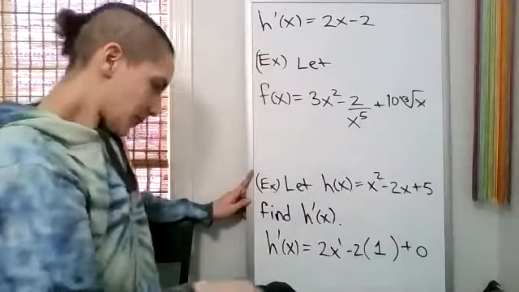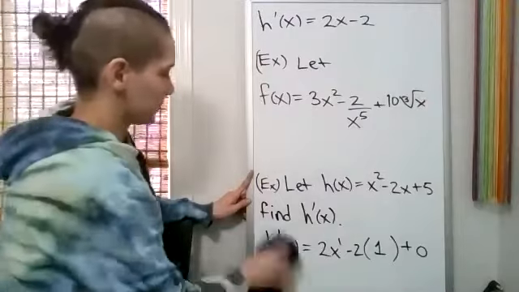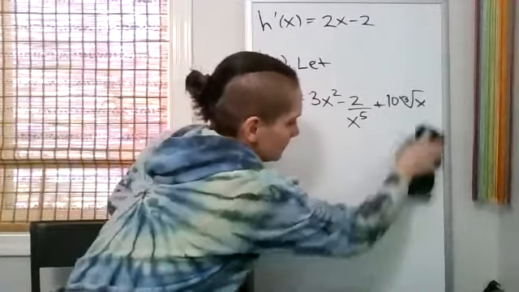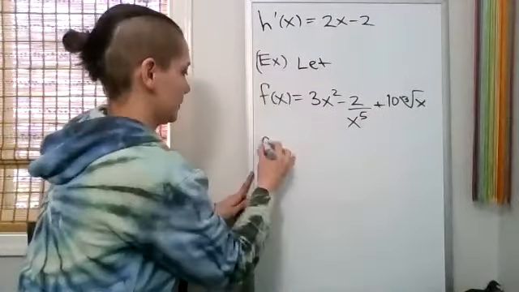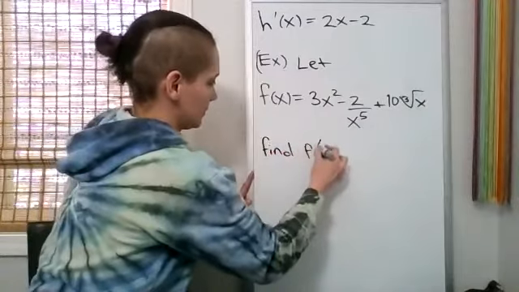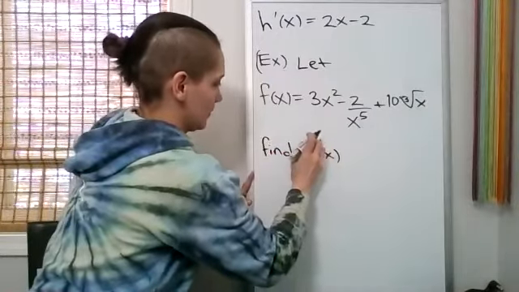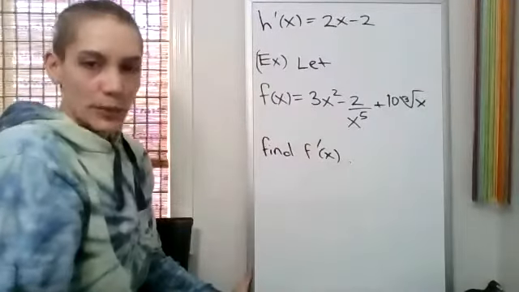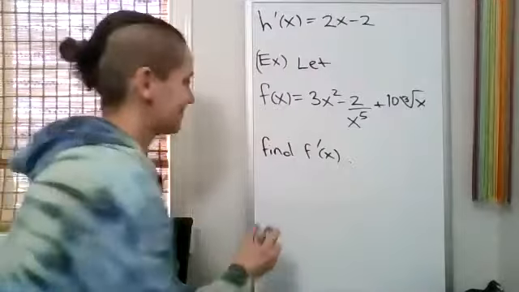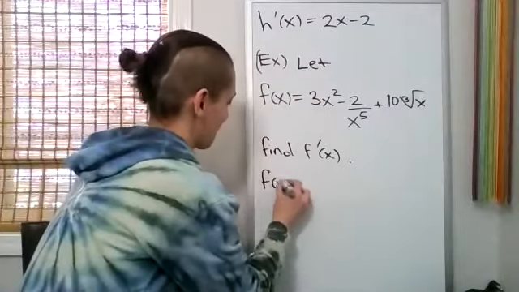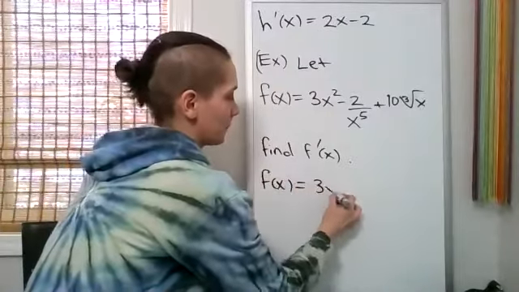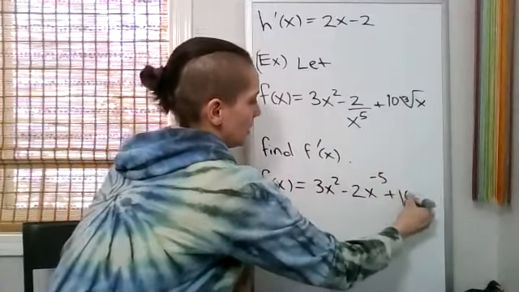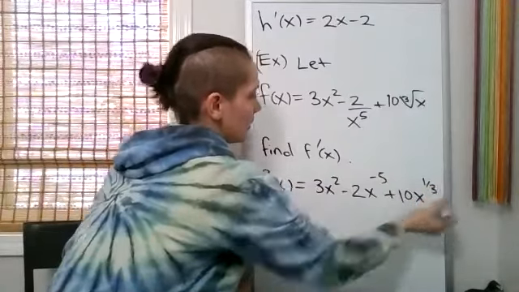And that's good. Take the derivative. Let's rewrite the function first. 3x squared minus 2x to the negative 5 plus 10x to the power of 1/3.